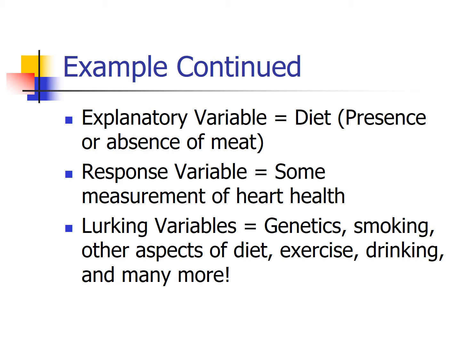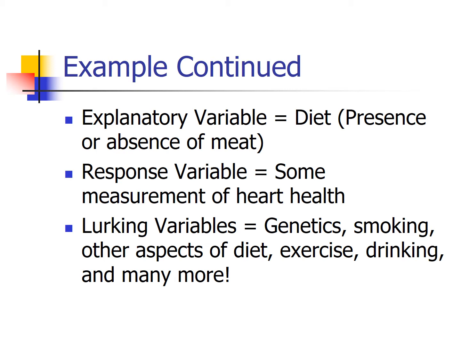We're basically interested in whether this presence or absence of meat, whether a person's vegetarian or not vegetarian, is going to explain the response variable. The response variable being a person's heart health. We didn't really get into the specifics, but maybe we can measure it by number of myocardial infarctions, some kind of percent of plaque buildup, maybe just something a little more simple like your systolic blood pressure or just your overall pulse.